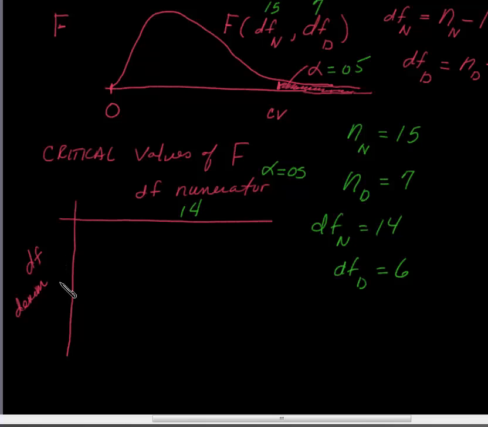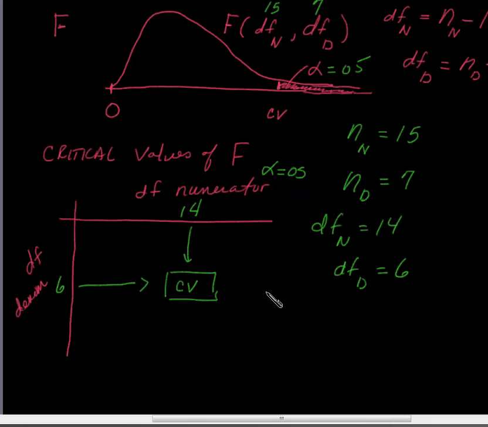Then down the side, degrees of freedom denominator, I would look until I found 6. And then, as usual, I would look for an intersection of the row and the column that I'm after, and this would be my critical value represented in that rectangle.